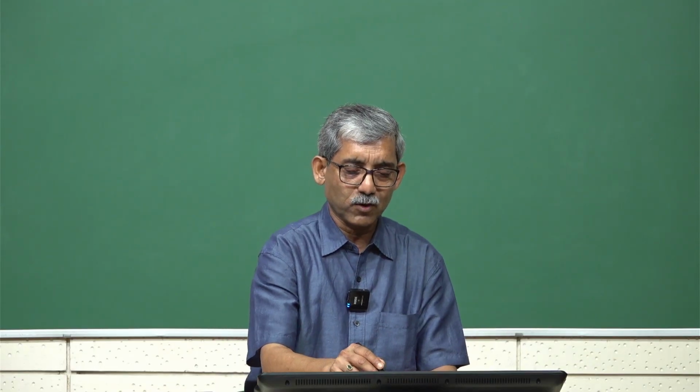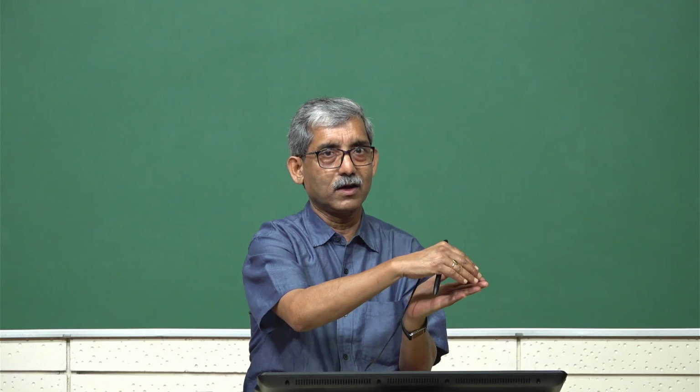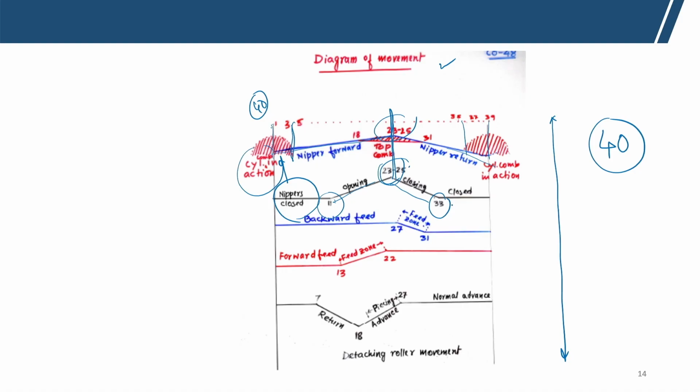At the forwardmost point nipper opening is maximum, and then the nipper starts backward movement, and during backward movement up to say 33 point the nipper is closed, and in the closed condition it continues moving backward. And when it is closed around say 36 point, the cylinder combing starts.